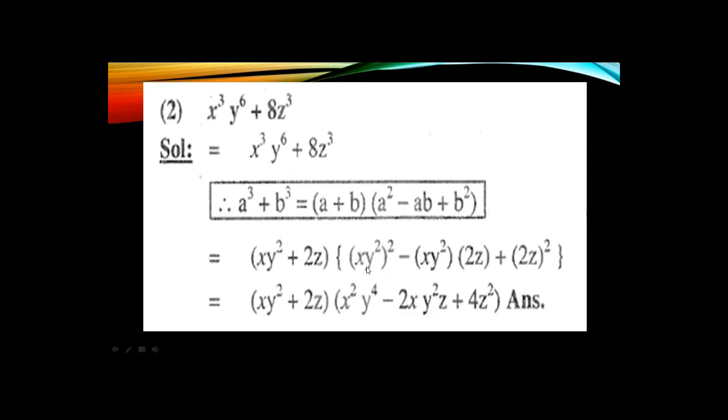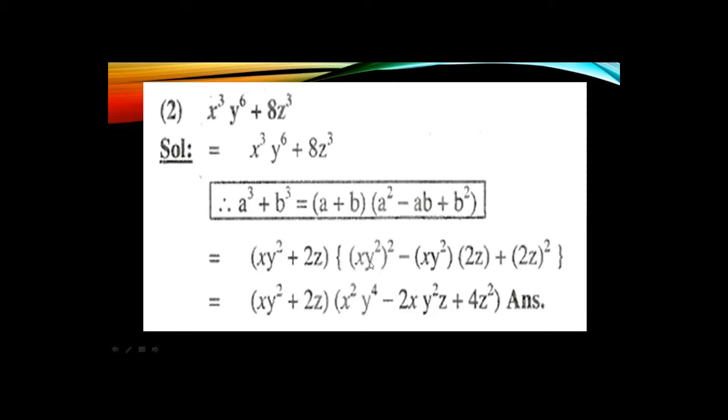Instead of a, we will use xy square, and minus ab is of the formula. a means xy square and b means 2z. They are multiplying here, so we use brackets to show the multiplication. Plus b square means 2z square. Now, in the last step, the first bracket will remain copied down as it is because no simplification is required here.